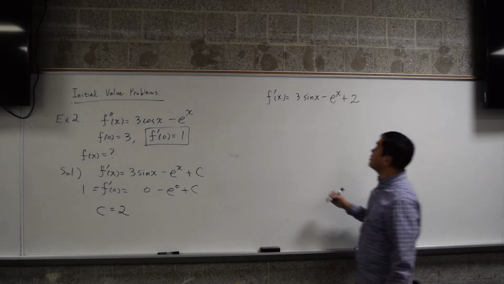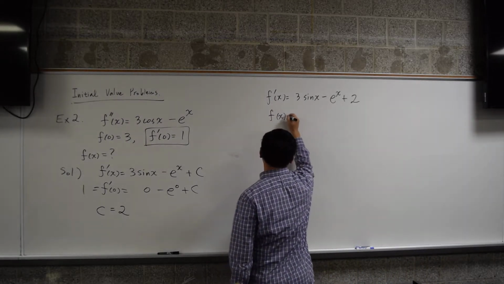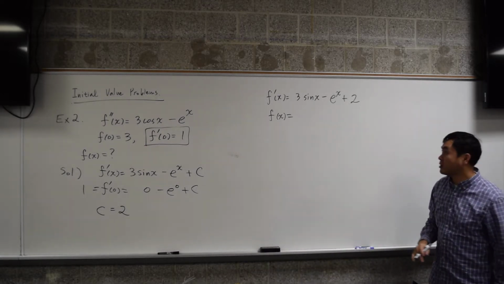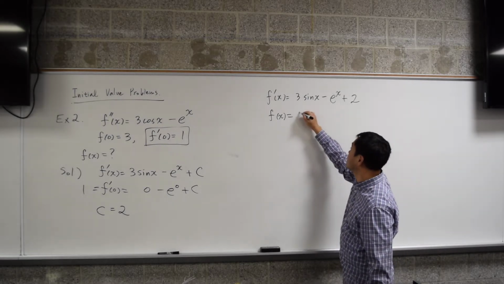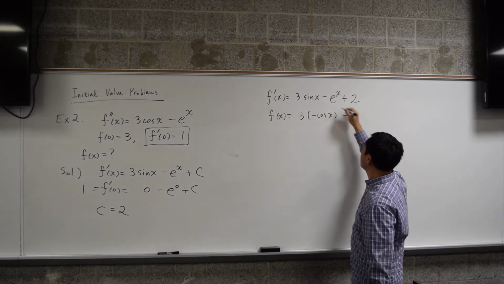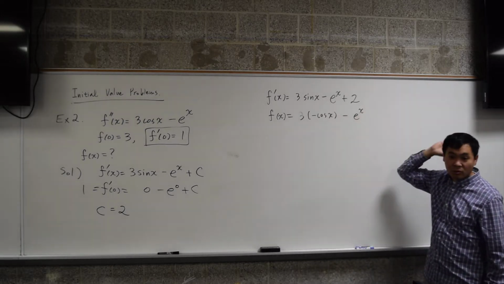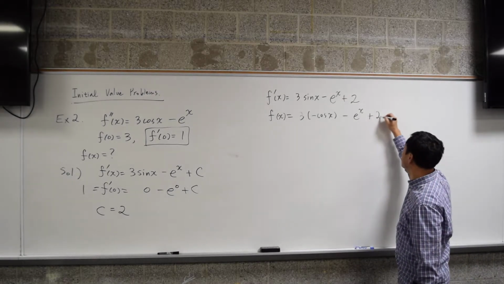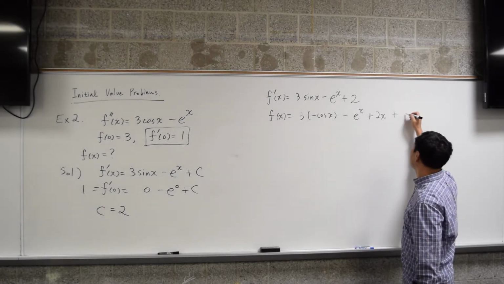And then we find the antiderivative. The goal is to find f of x, so we should find the antiderivative again. What differentiates to sine? Negative cosine differentiates to sine, right? Again, e to the x differentiates to e to the x. What differentiates to 2? 2x differentiates to 2. Is that it? No, and you still have to put plus c.